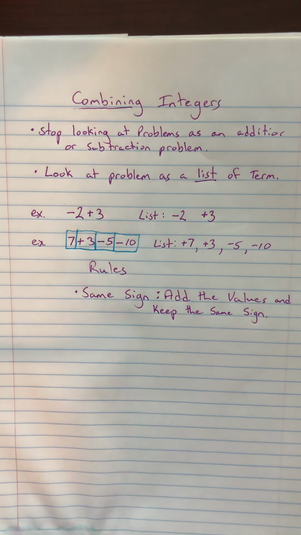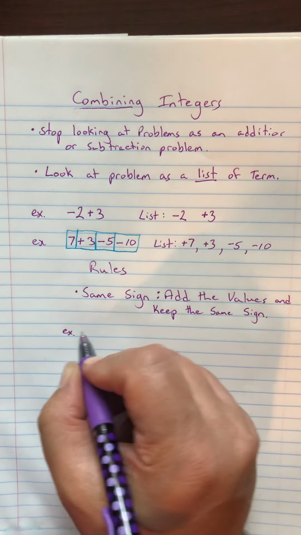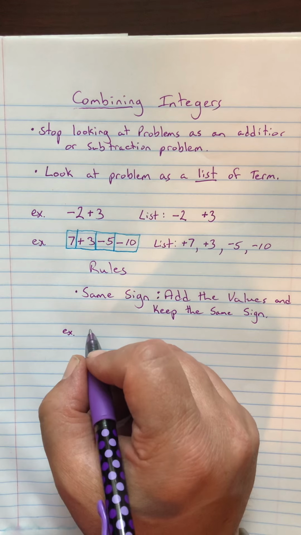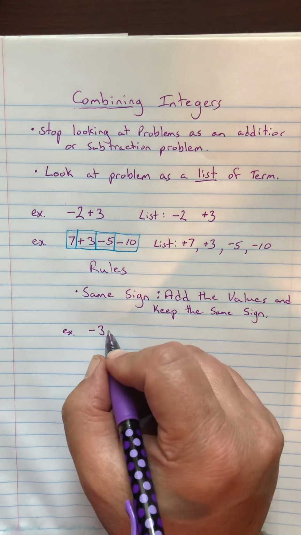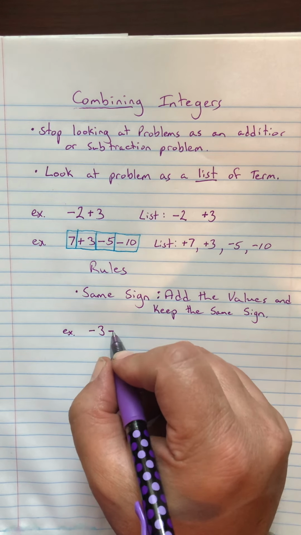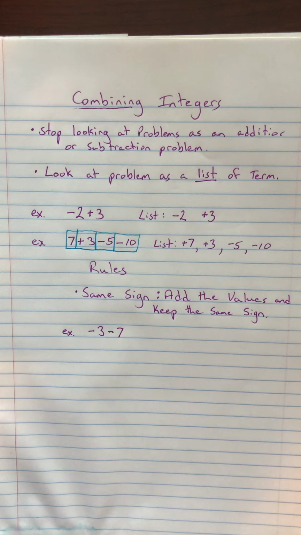Think of them as actual objects. For instance, if I give you, let's do this, 3 minus 7. Again, try not to look at it as a subtraction problem.